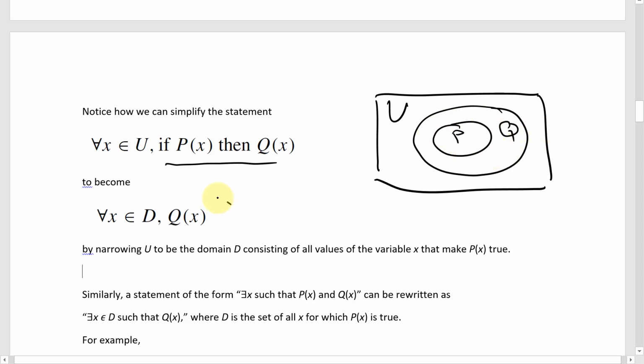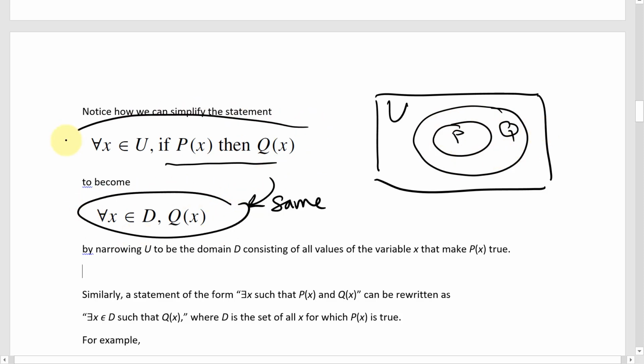Well, this is the same thing. These are the same statements because what I could do is just say, rather than using the set U, I could just say D is the set of all values where P is true. So if I am restricted to elements in D where P of x is true, then certainly Q of x is true.